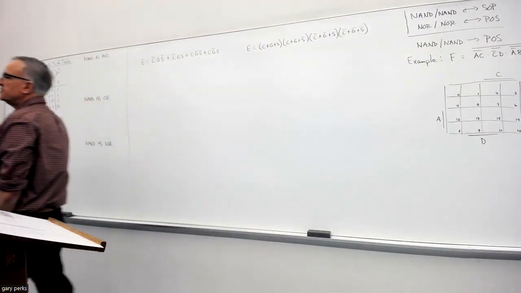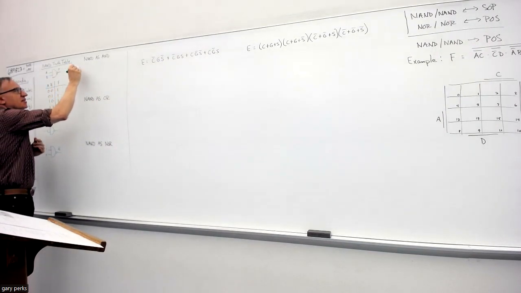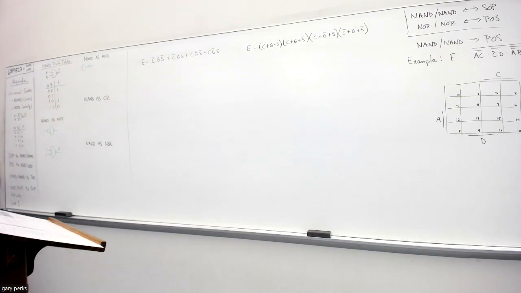NAND is short for not AND. Right, an AND with an inverted output. So a NAND is equal to an AND gate with an inverter on the output.